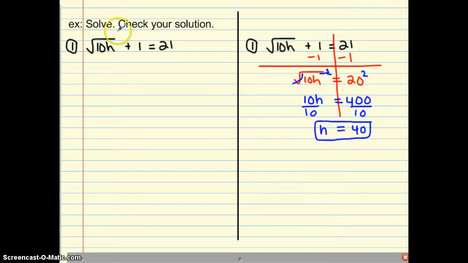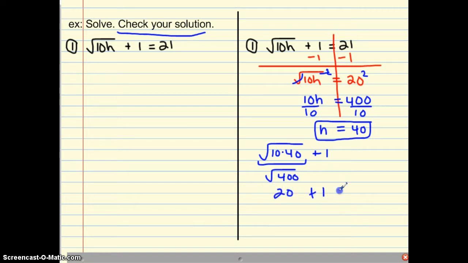And the directions say to check your solution. We do that by plugging back in. So 10 times 40 plus 1, well, our square root 400 is 20 plus 1.